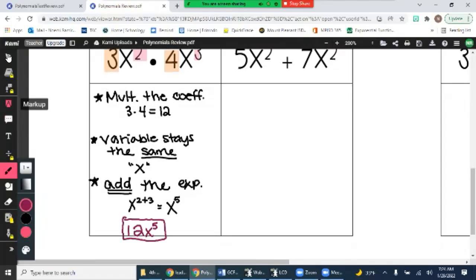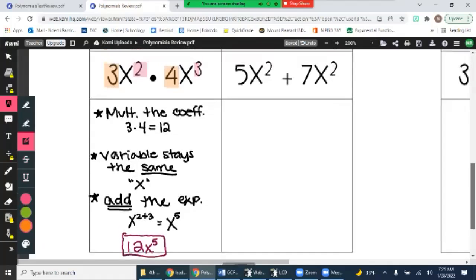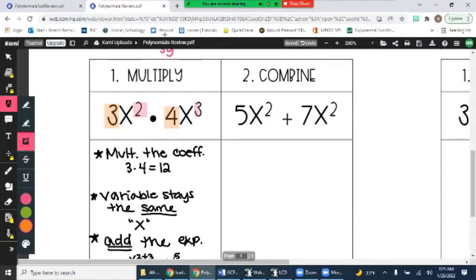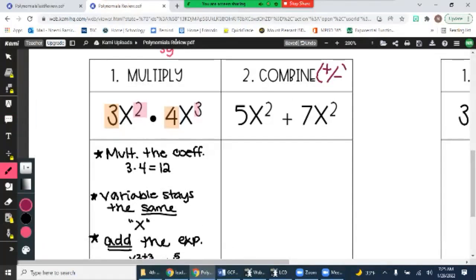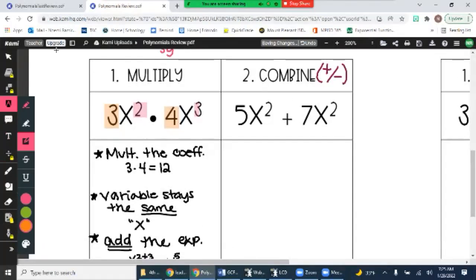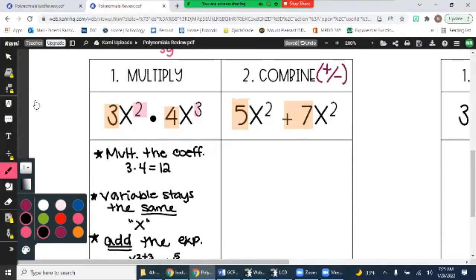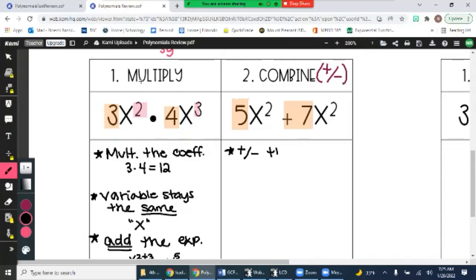Okay. But when we are combining, that means to what? Combining means to add or subtract the terms. So when you are combining, you add or subtract the coefficient. So in this case, we're going to add 5 plus 7 to give us 12.